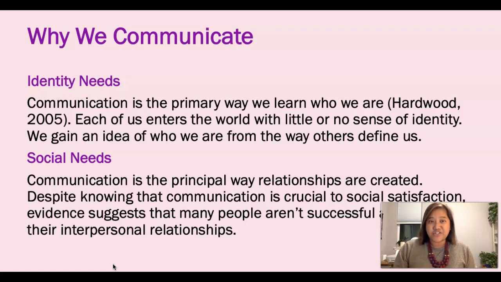So communication is basically the primary way we learn who we are. Each of us enters the world with little or no sense of identity. We gain an idea of who we are from the way others define us or from the way we define ourselves. So, for instance, we wouldn't know that we are quiet unless we have somebody else to compare to.